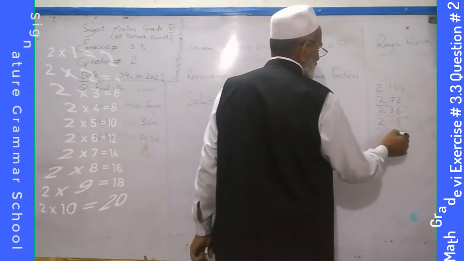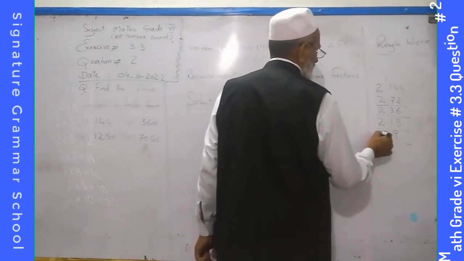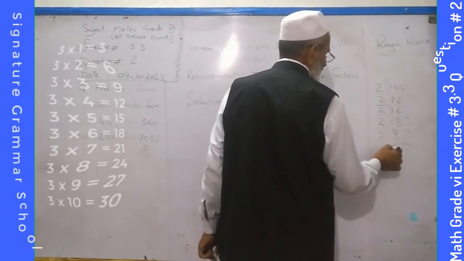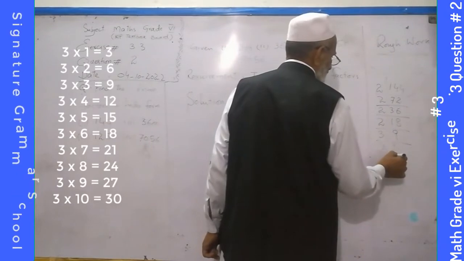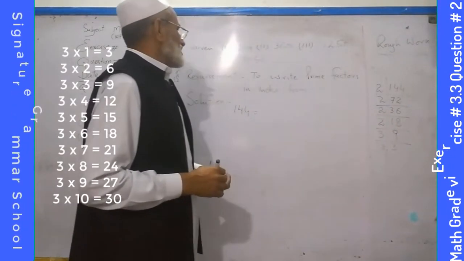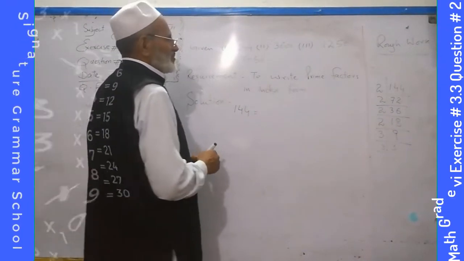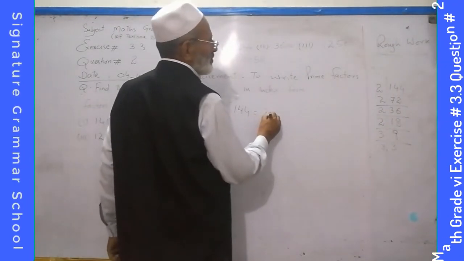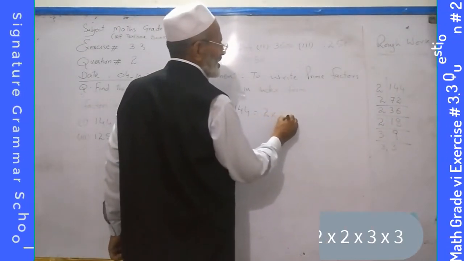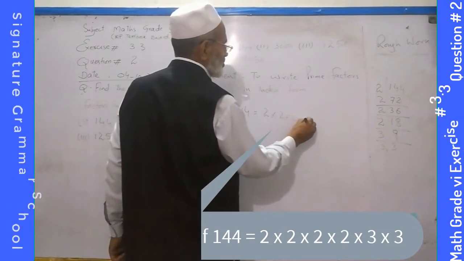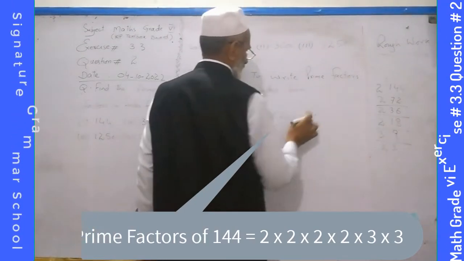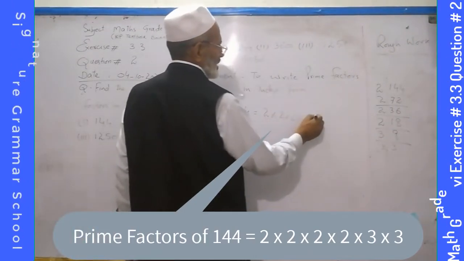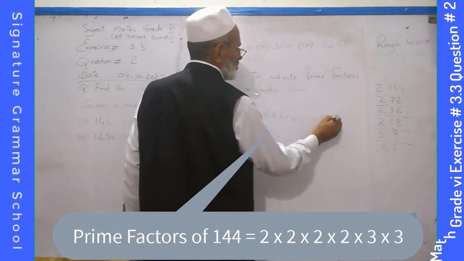Now 2 9s are 18, and 9 is divisible by 3. 3 3s are 9, and 3 1s are 3. Hence, in this case, the prime factors of 144 are 2. How many times? 2 into 2 into 2 into 2, that's 1, 2, 3, 4 times. And then 3 into 3.